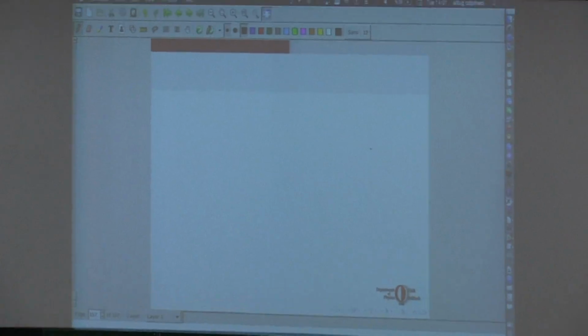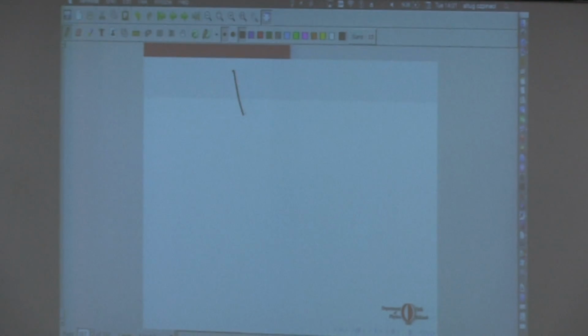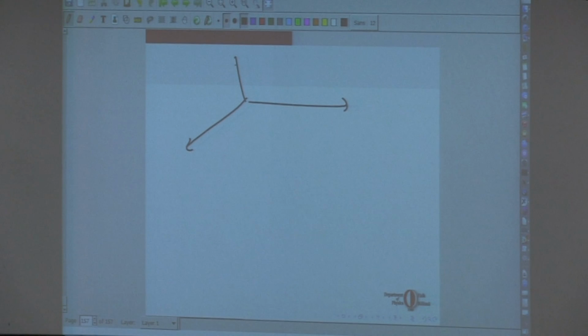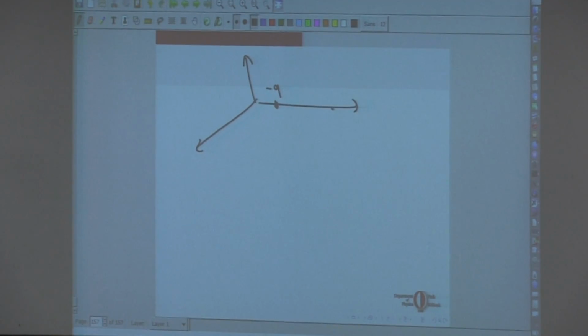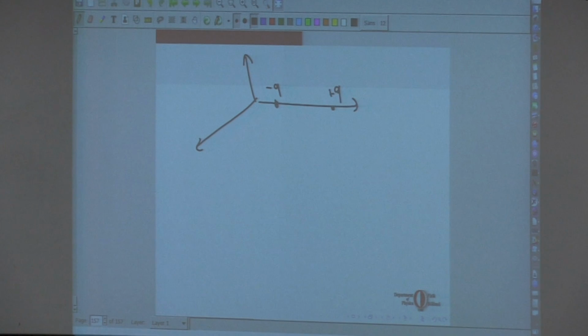So this is our system. Let's put the y-coordinate axis. I put a negative charge over here, a positive charge over here. So my charge distribution doesn't have any symmetry. Now the potential energy diagram, we plotted this as the potential of my system as a function of the position.